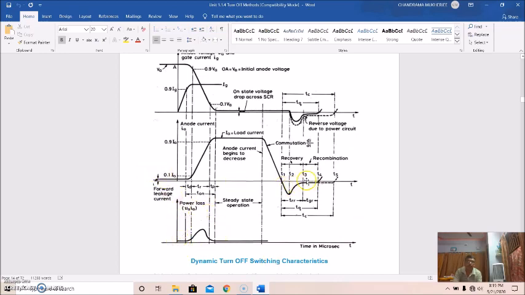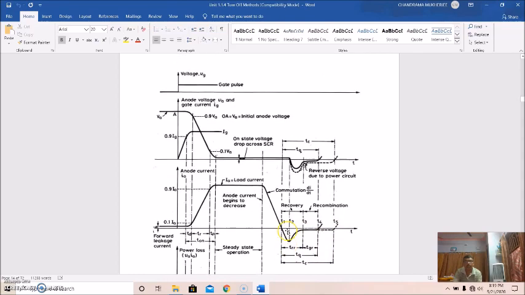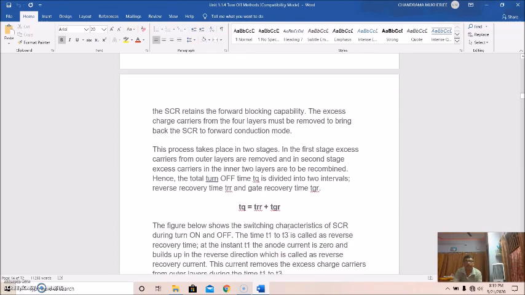As I told you, T1 to T3 is the reverse recovery time, T3 to T4 is the gate recovery time, and these two together are called the turn-off time, and the total commutation time is from T1 to T5. So that's all in a nutshell about this.